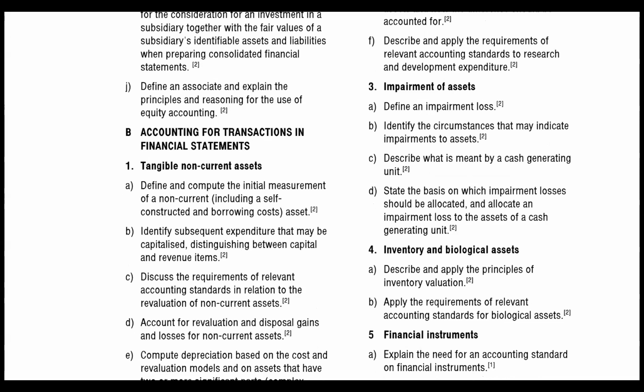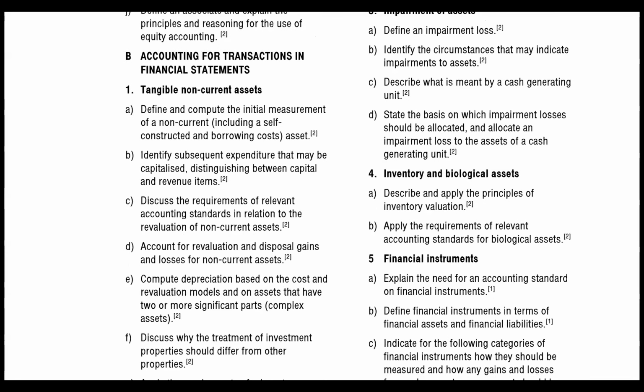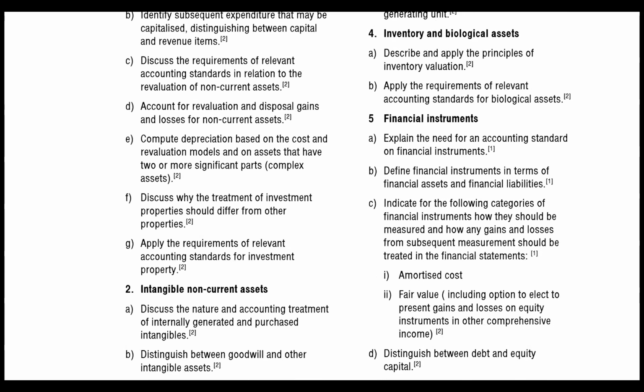We even describe what is meant by a cash generating unit. We will not end there. We will even look at the inventory and biological assets. We'll describe and apply the principles of inventory valuation here, and even apply the requirements of relevant accounting standards for biological assets.